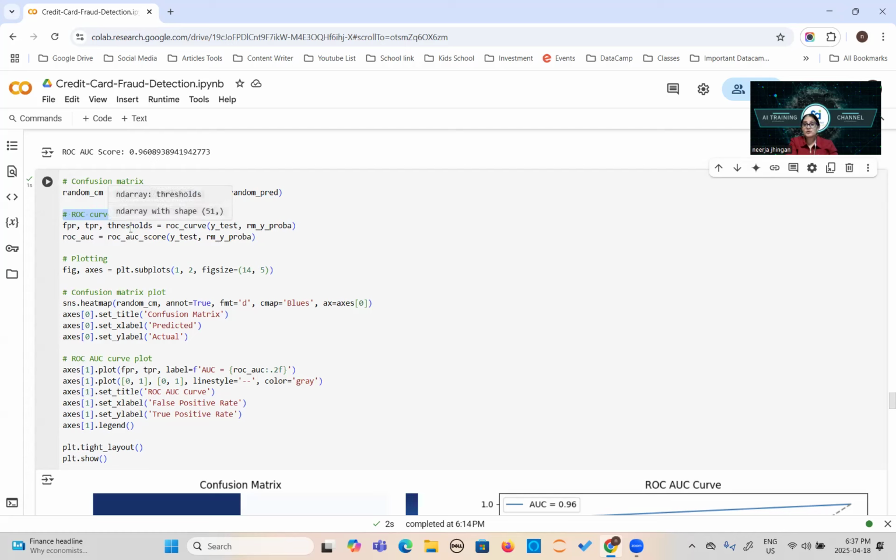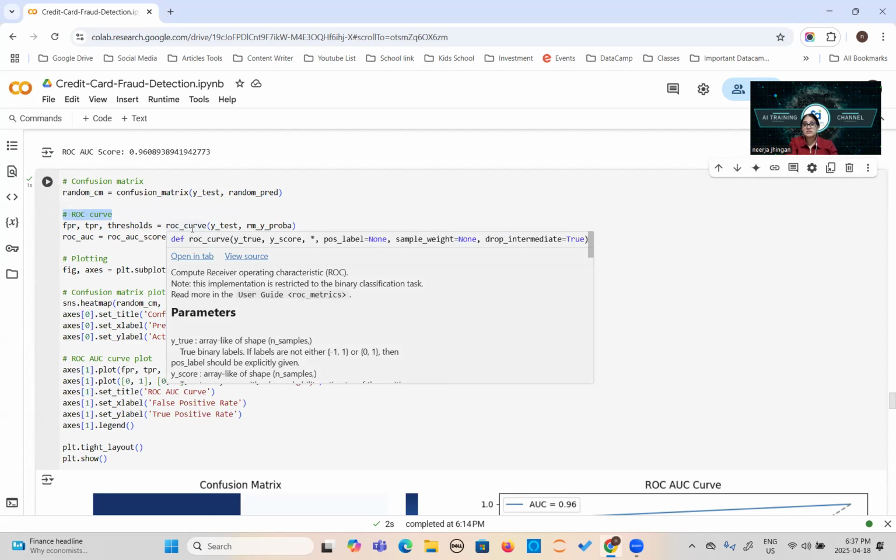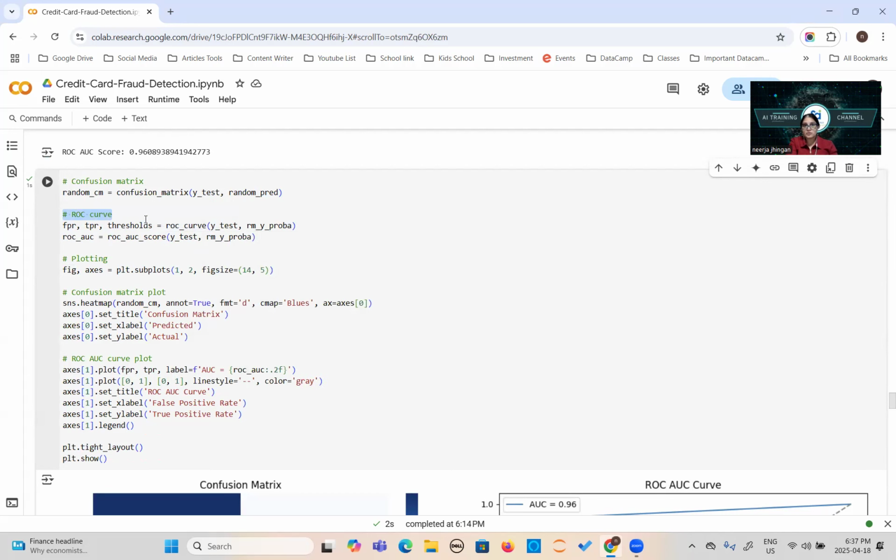And threshold, at what value it is changing, I will show you in the graph. And this is the roc underscore curve. This is the inbuilt method. I have imported it in the library. You don't need to create it. This is the inbuilt, y test, and here we are using this parameter. Then roc auc score, and then we are calculating this score here.